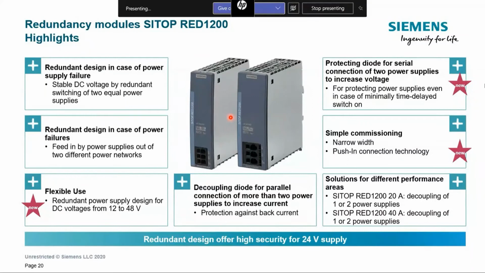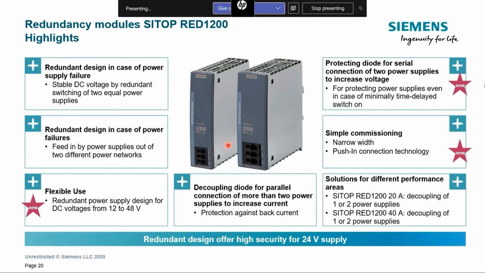And they have a couple of nice features. One nice thing is that they have a new variant, which is the 20 amp. So this is suitable for decoupling two 10 amp power supplies. This variant we did not have before.